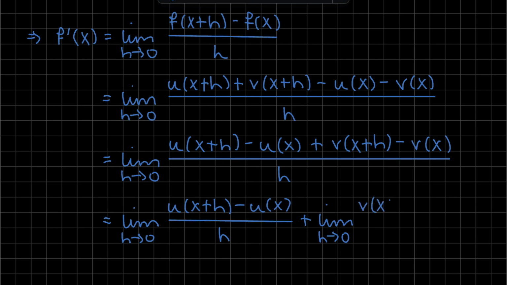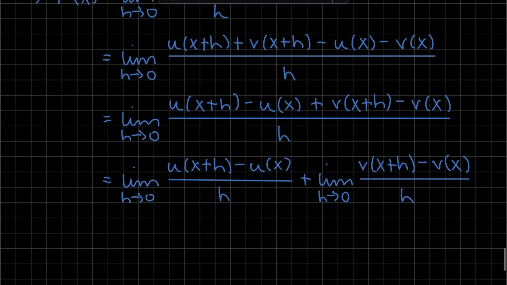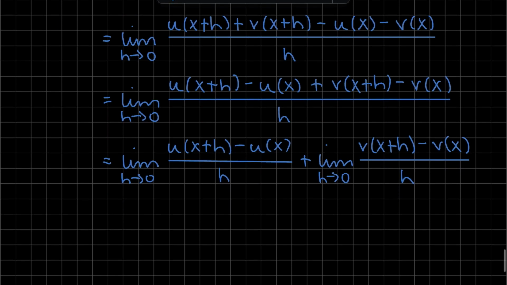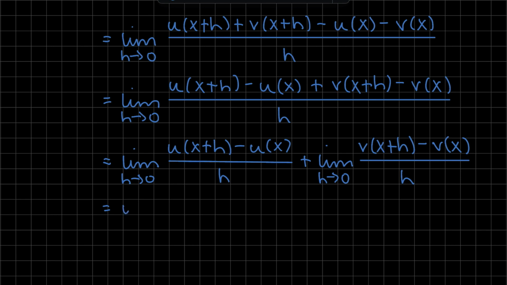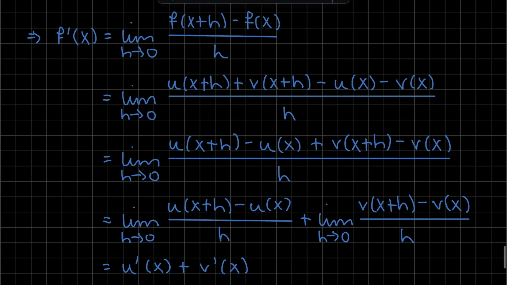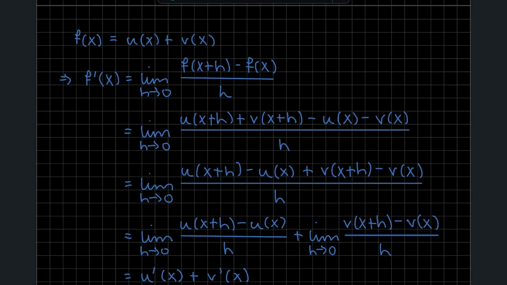So we're adding the limit as h tends to 0 of this expression with the u functions to this limit as h tends to 0 of this expression with the v functions. And now we must again recognize that the first limit is just the derivative of u as a function of x, and the second limit is the derivative of v as a function of x, or u dash of x plus v dash of x.